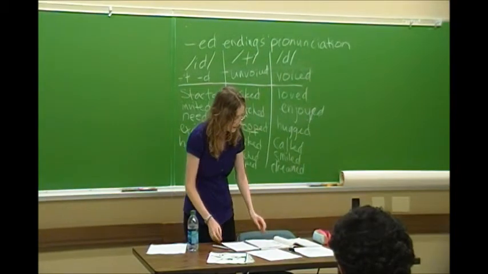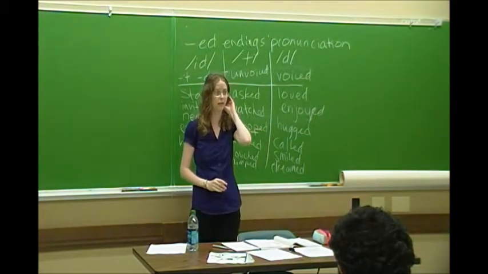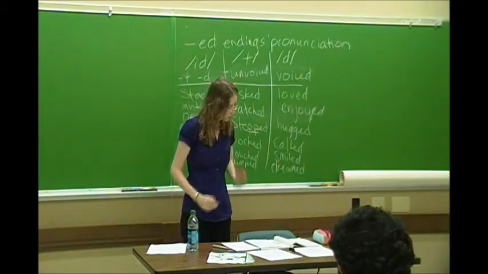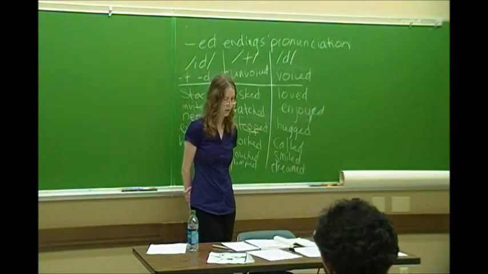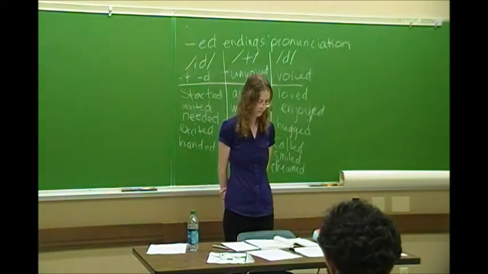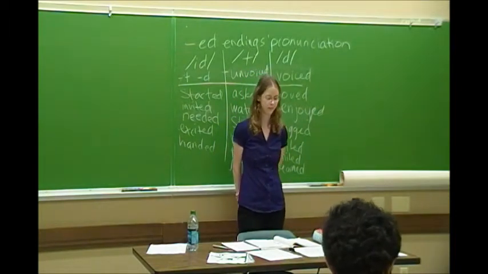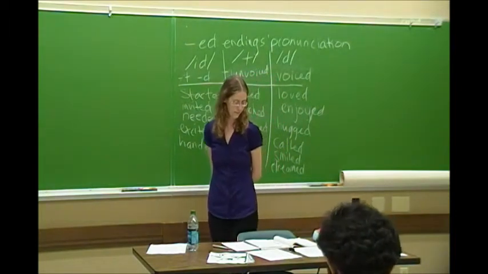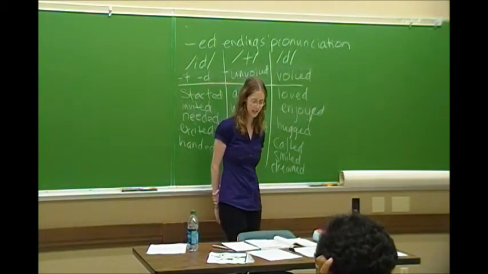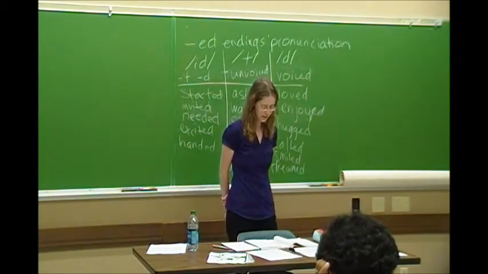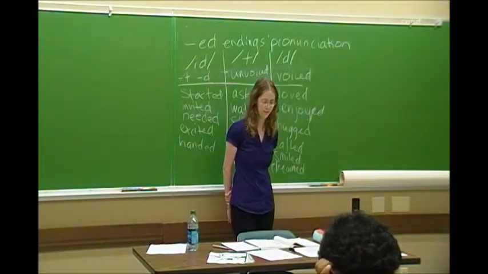Part also of being able to pronounce verbs correctly is being able to hear them when they're pronounced. So turn to page number 88 in your book. Exercise 9. Distinguishing among ED endings. Listen and write the following words that you hear.